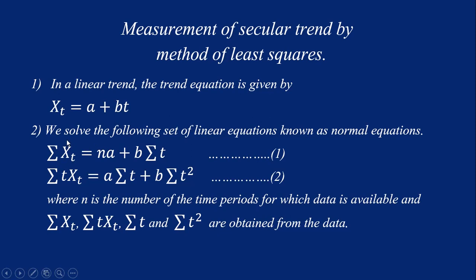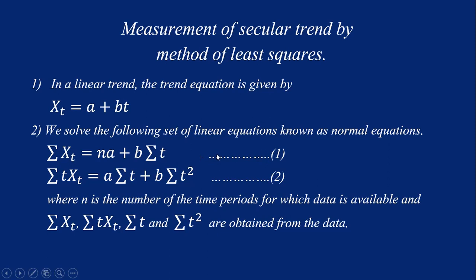Now these equations are: summation xt is equal to na plus b into summation t. It is the first equation. And the second equation, summation t xt is equal to a into summation t plus b into summation t square. Now in these two equations, if we have data or observations from the time series, we can find summation t, summation xt, summation t xt, and summation t square.